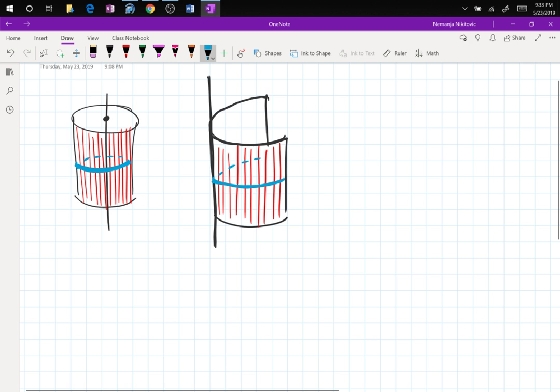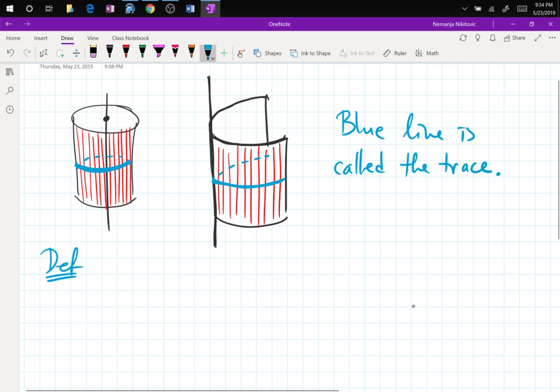The blue line is called the trace. And we're going to have a definition of a trace.